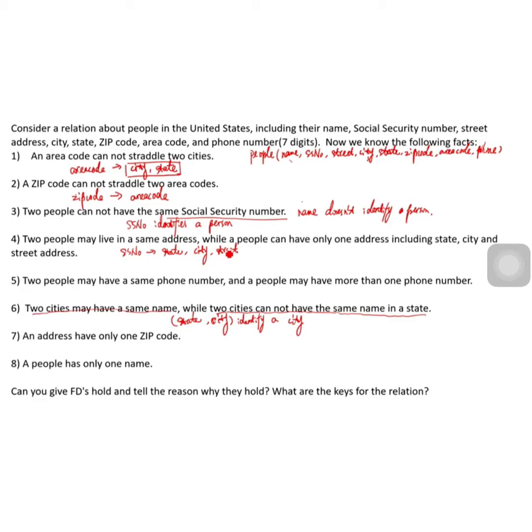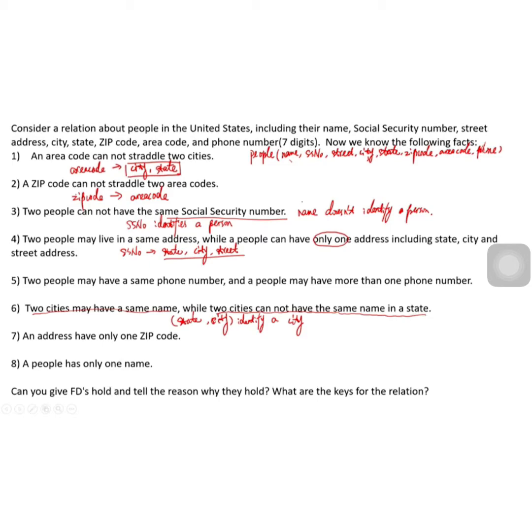Does it hold? A person can have only one address. If any two tuples have the same value on SS number, these two tuples are about one person, who has only one state, one city, one street. Then this FD holds.